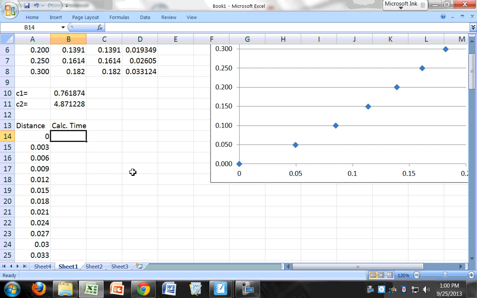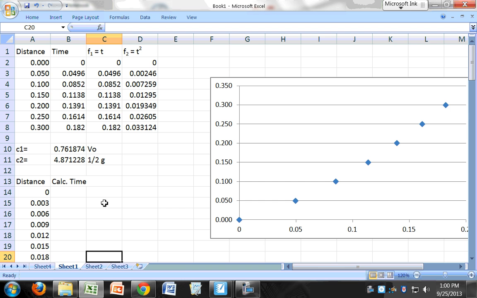So that's my distance, and then I calculate the time for that. What's the value? It's equal to V naught, which is, this is V naught, right? And this is 1/2 G. C2 is 1/2 G. So time, distance equals, all right, we got it mixed up.